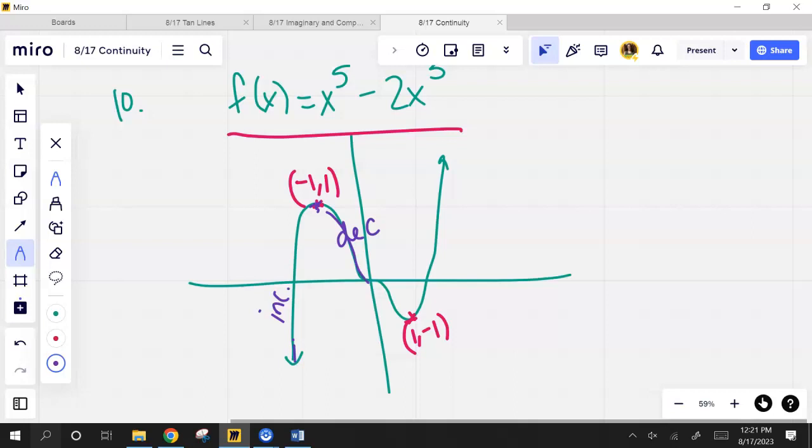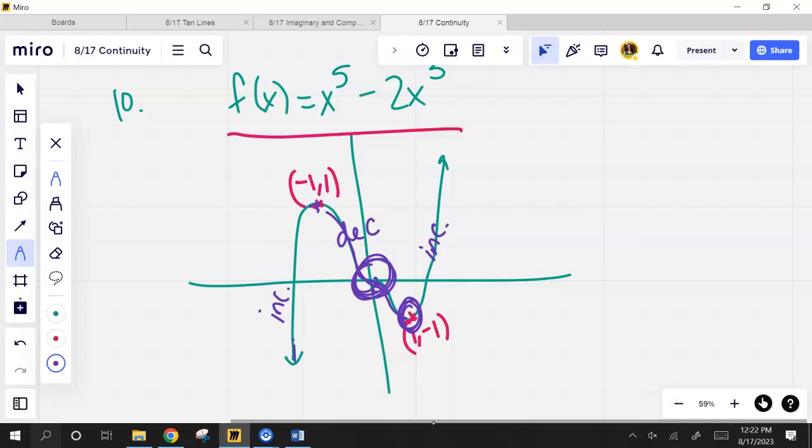Even right here, it's still going down. It may not be going down at quite as fast a rate, but it keeps going down until it gets to this point. Then it switches again, and it starts increasing.